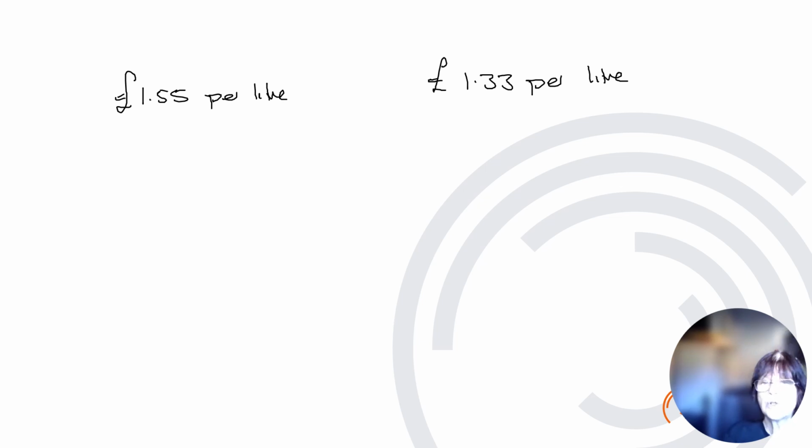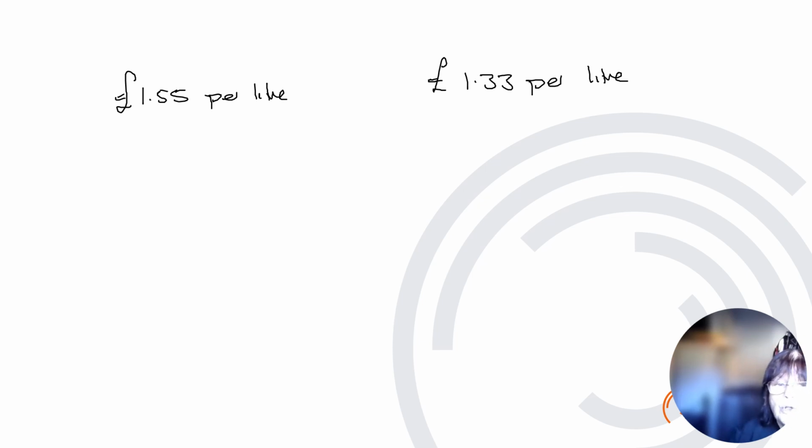So this time we're going to look at the price of petrol. The price of petrol a couple of years ago was £1.55 per litre. At the moment, if you go to the supermarkets, I think you can get petrol for about £1.33 per litre. What we want to know is the percentage difference in prices. So how much has it gone down as a percentage?